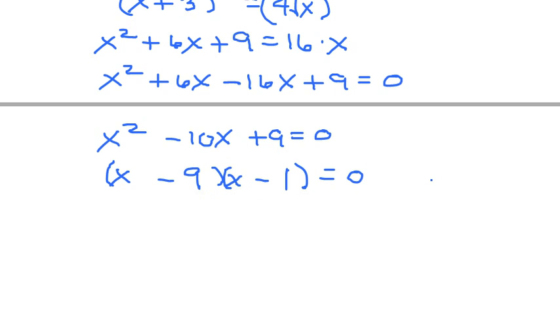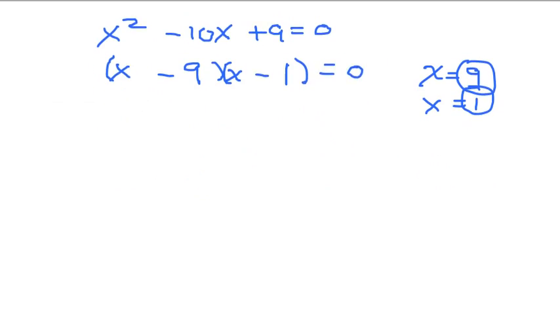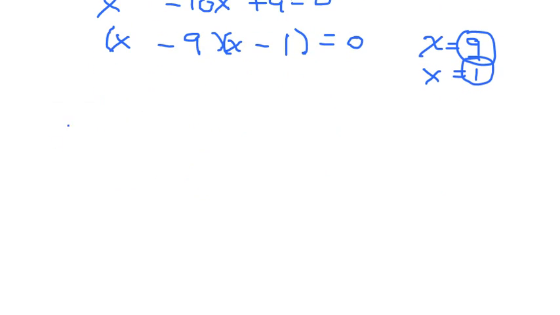Okay. So our possible solutions here are x is equal to 9 and x is equal to 1 after setting both of those factors equal to 0. So possible solutions, 9 and 1. And the question is, are they solutions? So we've got to come up here and check that.